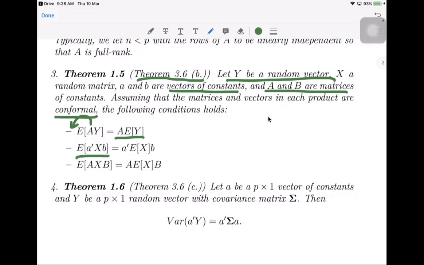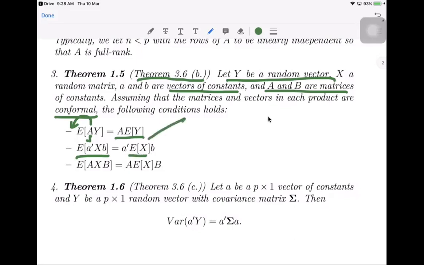And for the expected value of a'XB, the transpose of a vector is pre-multiplied to X, and b, a vector of constants, is post-multiplied to X. So it will just be equal to this.